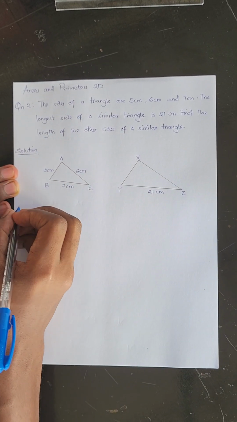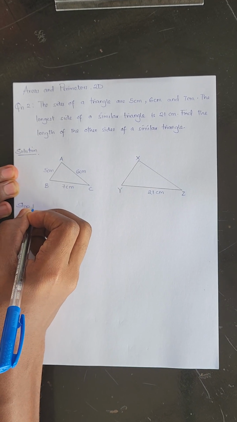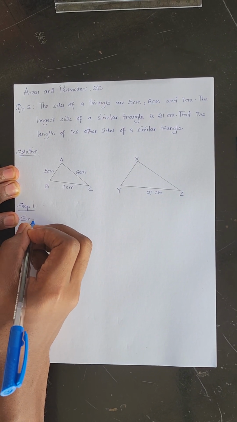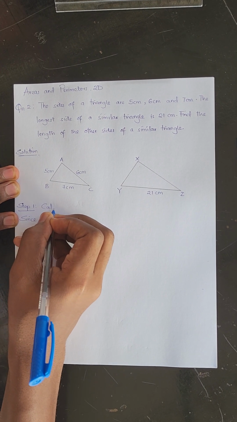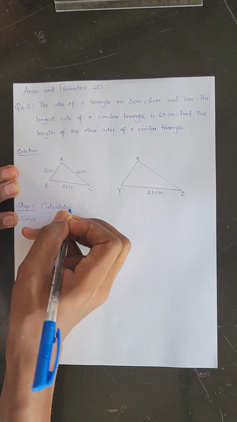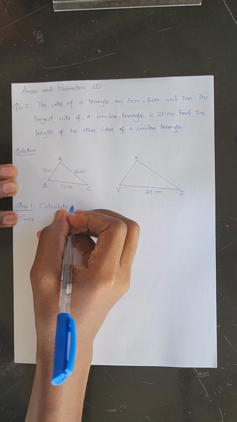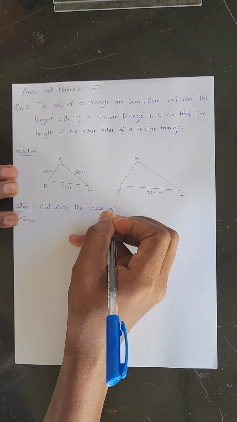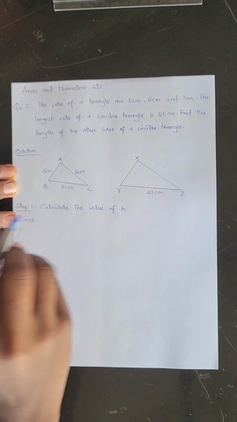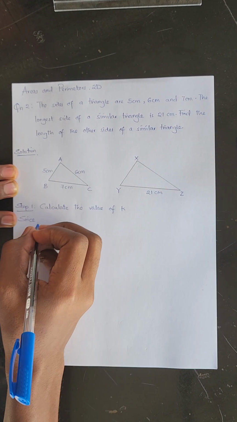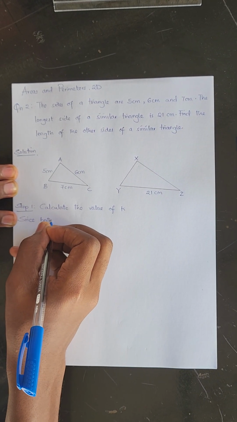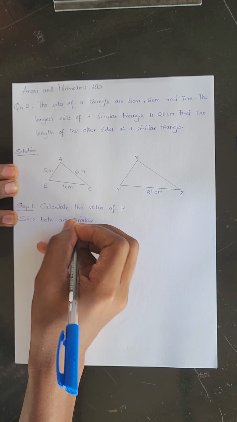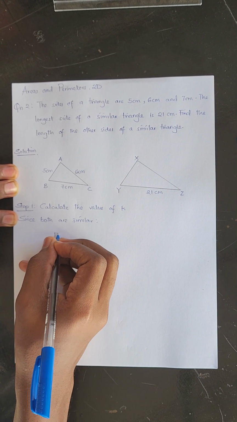Okay, so step 1 is calculate the value of K. K is a similarity constant since both are similar. So let's write this down.